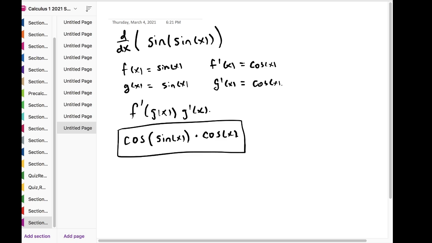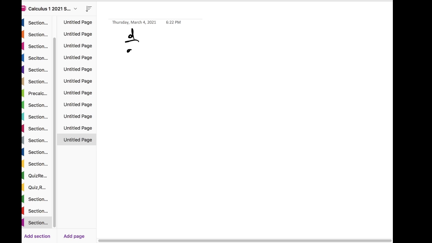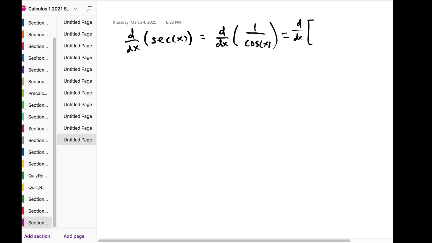Let's do secant. Last time we did the derivative of secant using the quotient rule. But in fact, can someone tell me, how can I view this as a composition? Good, yeah. That's one of the compositions. So it's like cosine to the -1, and you can view it either way.